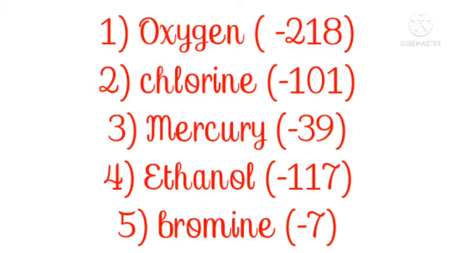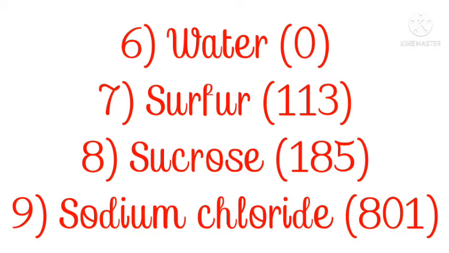The melting point of mercury is minus 39 degrees Celsius. 4. Ethanol. The melting point of ethanol is minus 117 degrees Celsius. 5. Bromine. The melting point of bromine is minus 7 degrees Celsius. 6. Water. The melting point of water is 0 degrees Celsius.